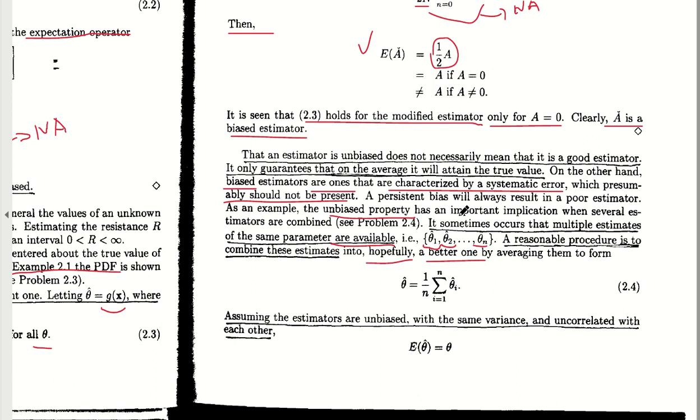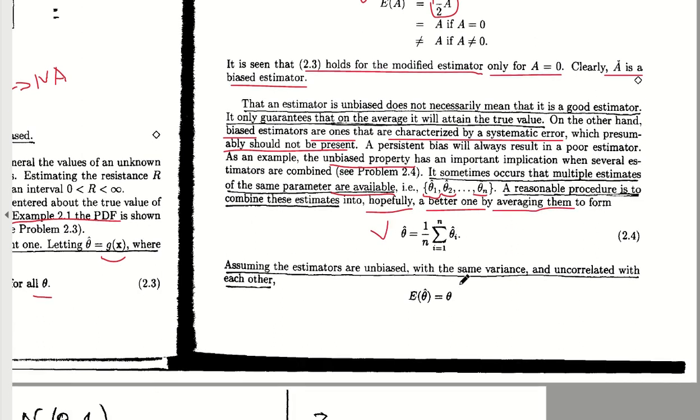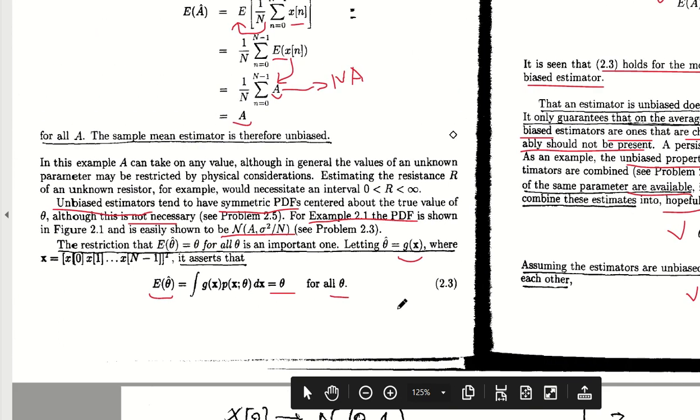Hopefully, because sometimes we just cannot do it analytically. So hopefully it becomes a better one by averaging them. Assuming that the estimators are unbiased with the same variance and uncorrelated, then if you take the expectation, you still get theta, which is unbiased.